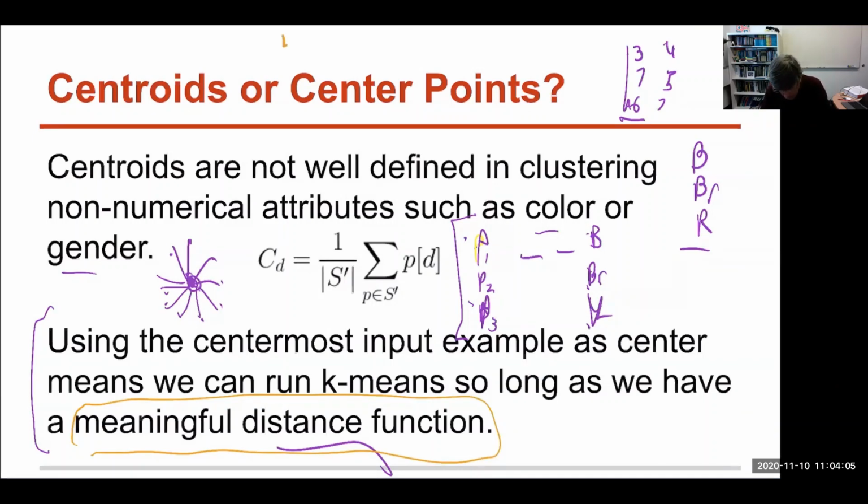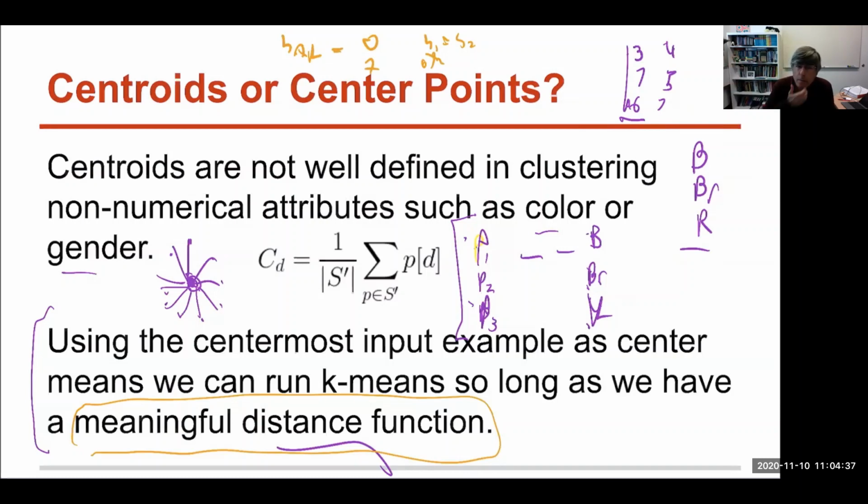Maybe if we had a hair color variable, the hair color distance would be 0 if the hair color of the first equals the hair color of the second, and it could be 1 otherwise. Maybe we would have a more sophisticated distance function that says that, you know, blonde and brown are closer together than red and blonde.